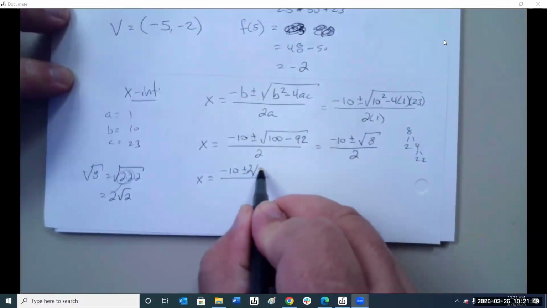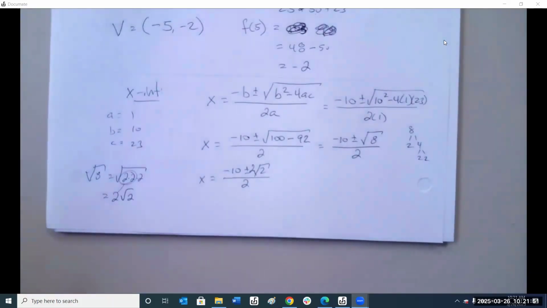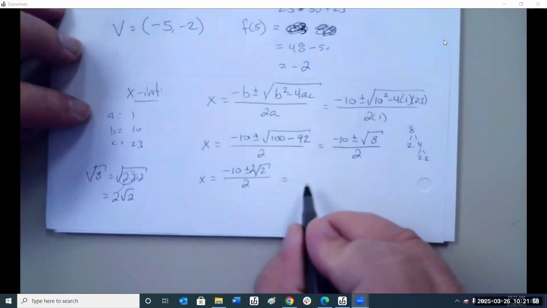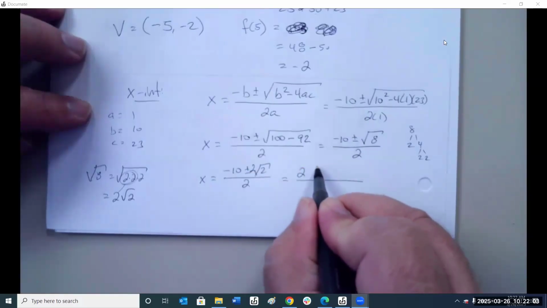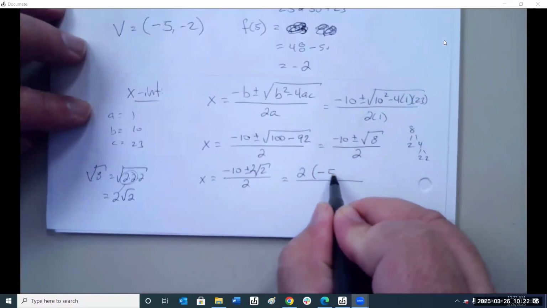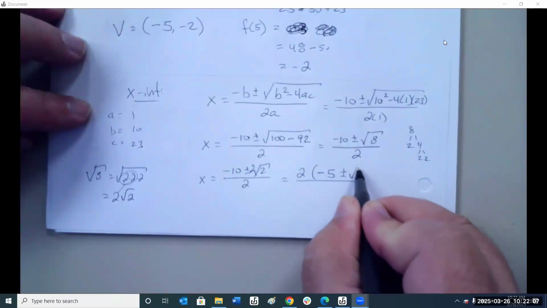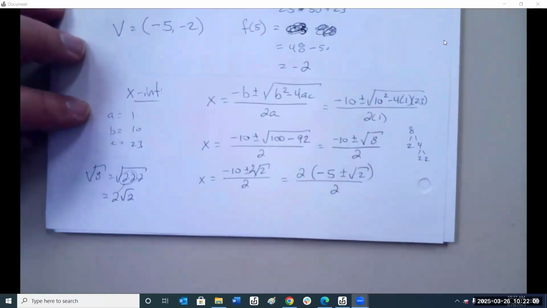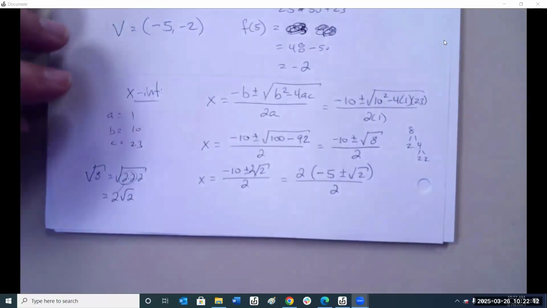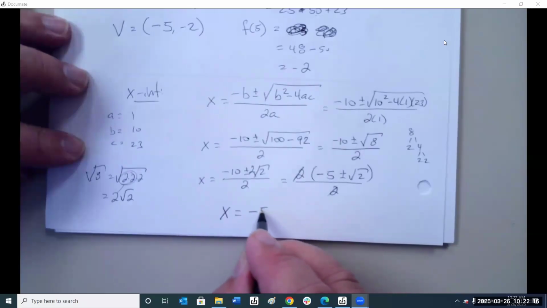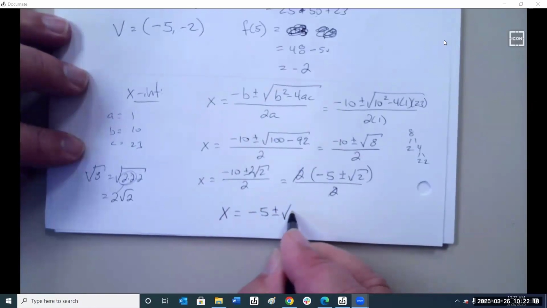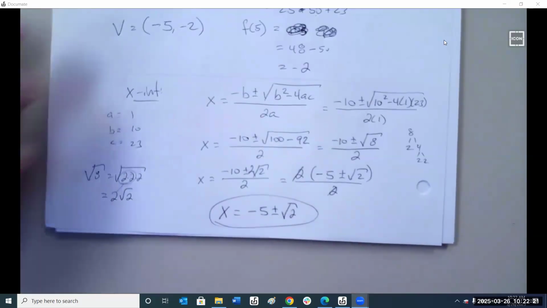So it's 2 square root of 2. On top, I can take out a 2, which will give me -5 plus or minus square root of 2 over 2. The 2's cancel, so my x-intercepts are at these 2 points. Those are my x-intercepts.